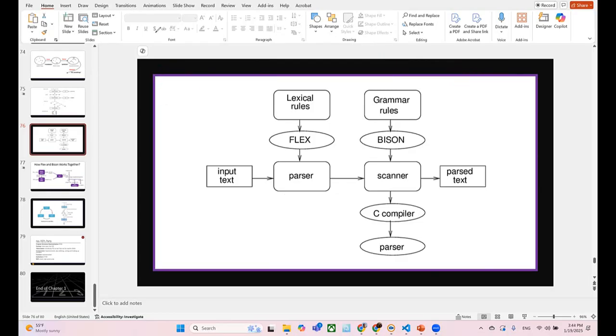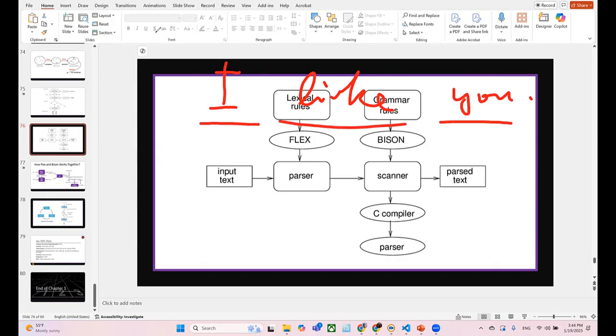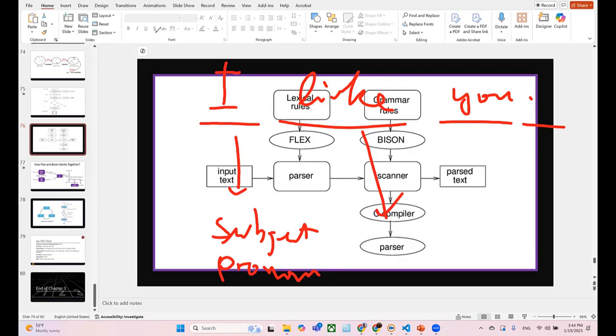So basically, let's assume that we have "I like you." So you tokenize it to be I, like, you, period. So you search for it: I will be a subject, or a pronoun. Like would become a verb.